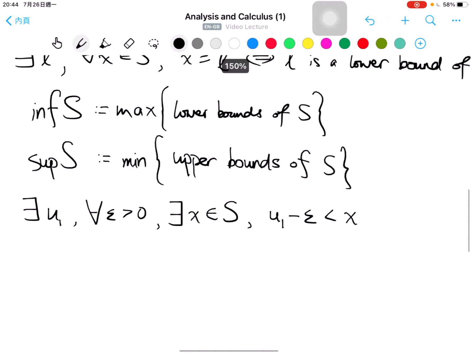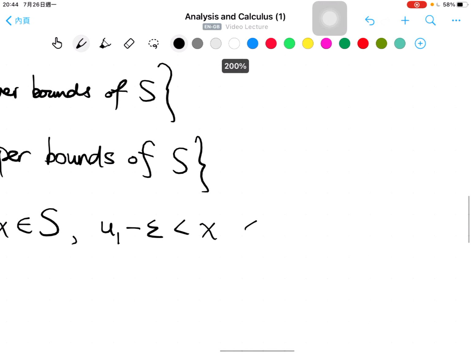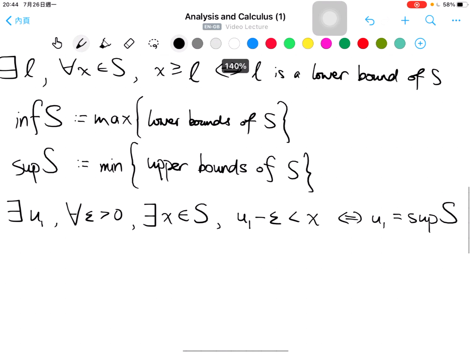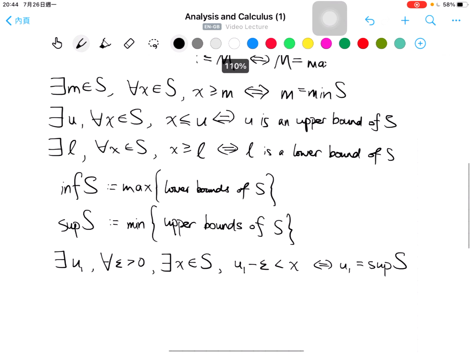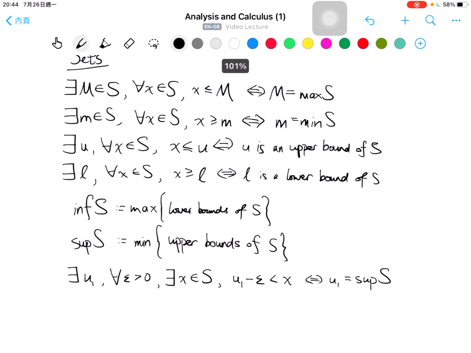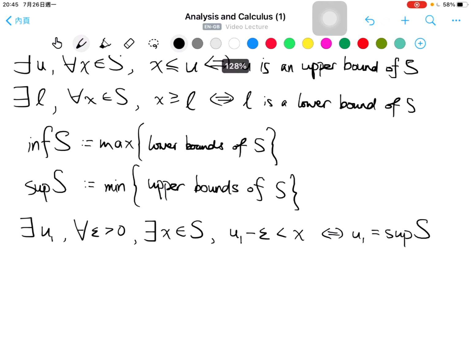Then we're going to call u1 exactly the supremum. This is actually an extension of the minimum. It does not have to be in the set, and it also perfectly describes the range of the elements inside S, without needing to include things outside of S, right?